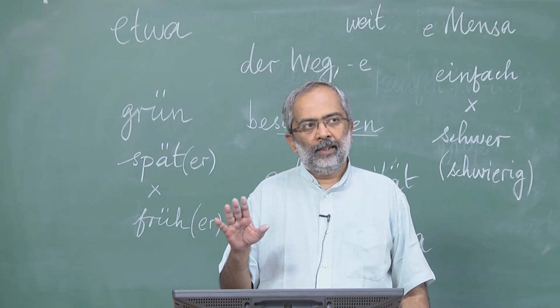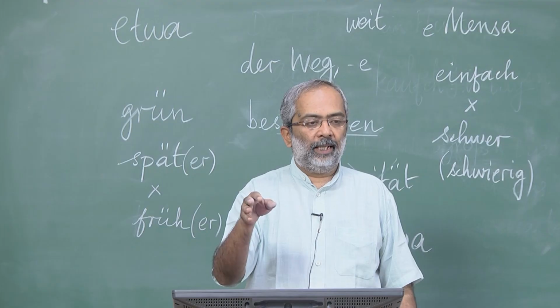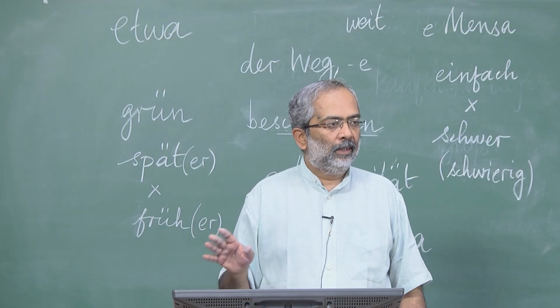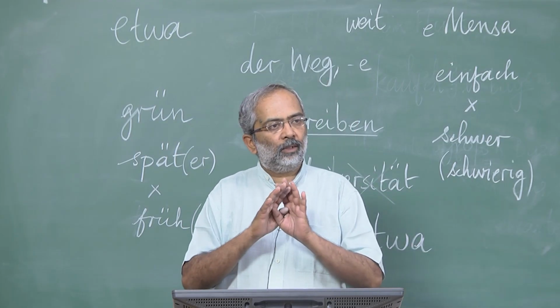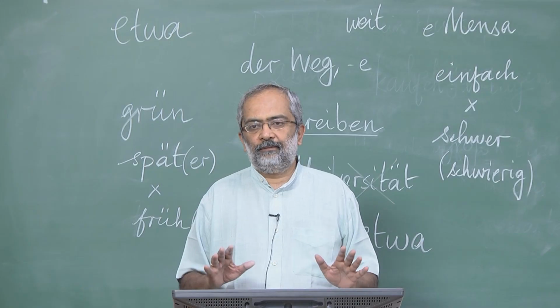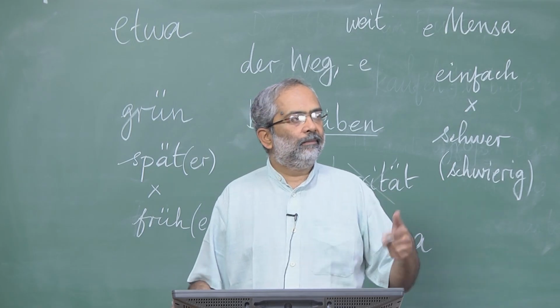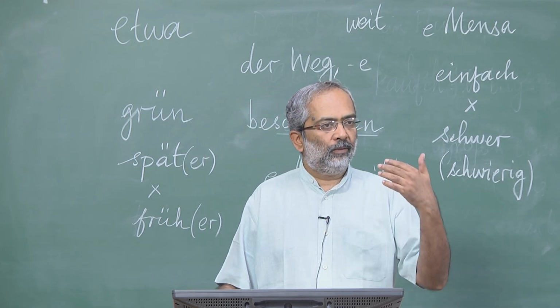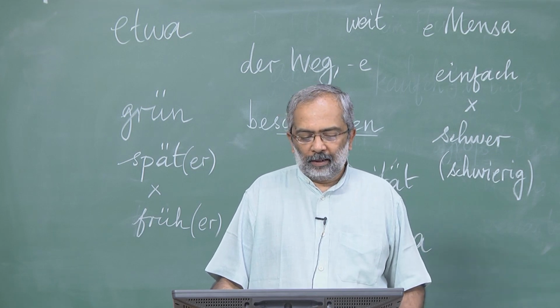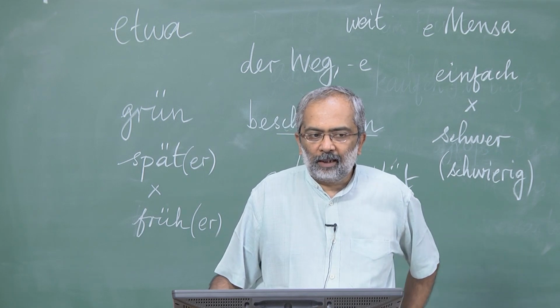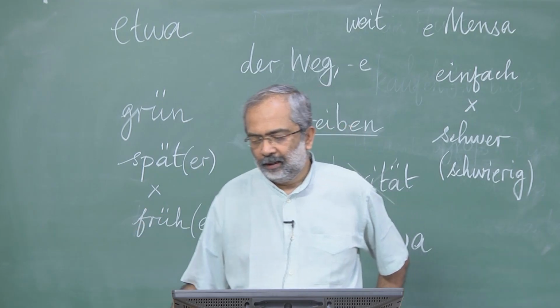You have reached around 12 irregular verbs, but it can easily stretch to 20. If you learn the conjugations of 20 to 25 verbs like this, it will become a pattern, and you can apply the pattern later also. Try and do that over the weekend.